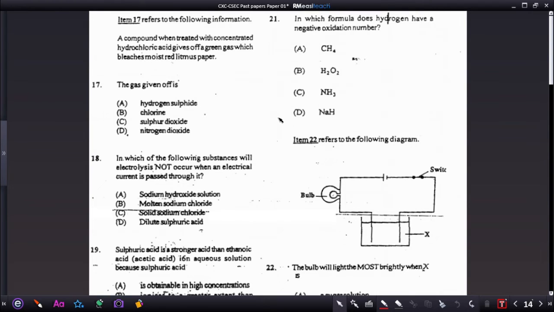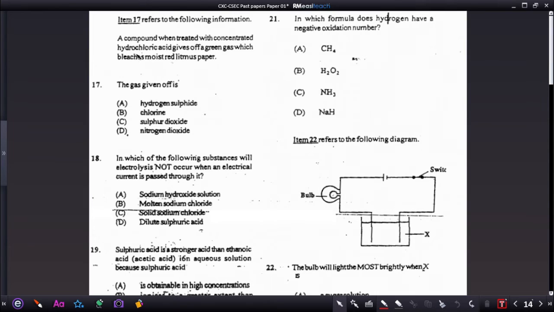Question 17 refers to the following information. A compound, when treated with concentrated hydrochloric acid, gives off a green gas which bleaches moist red litmus paper. Now, of the options here, only 2 gases would bleach litmus paper, and that's chlorine and sulfur dioxide.